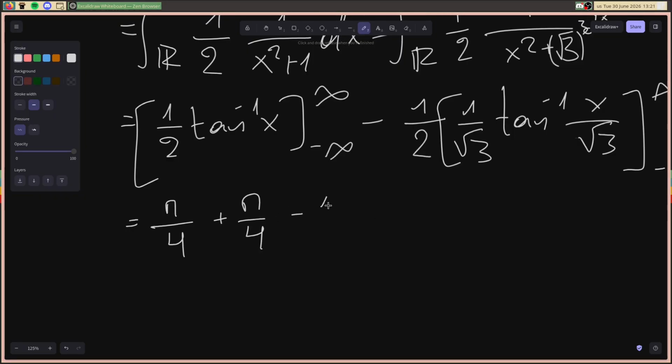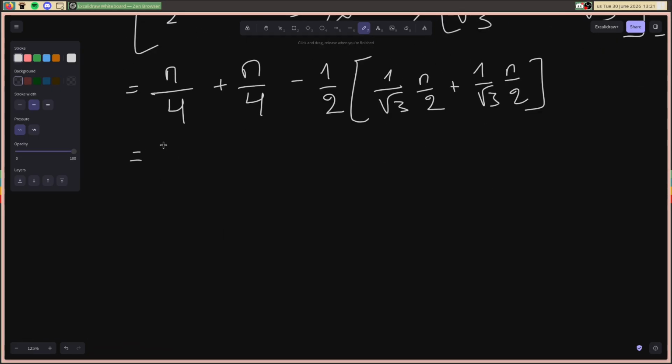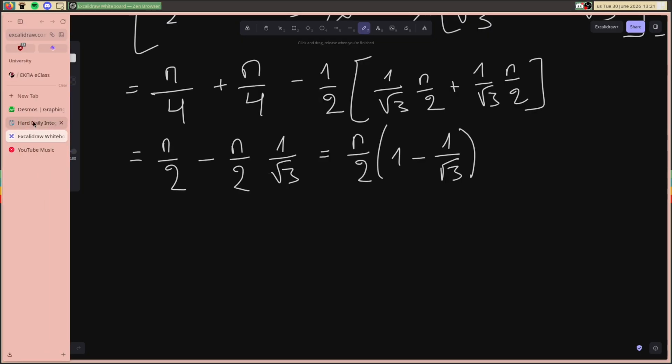And then we have minus 1/2 times, well, 1 over root 3 pi over 2 plus 1 over root 3 pi over 2. Finally, we get pi over 2 minus pi over 2 times 1 over root 3. We can take the pi over 2 out, get pi over 2 times 1 minus 1 over square root 3.